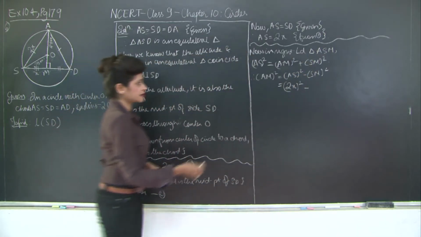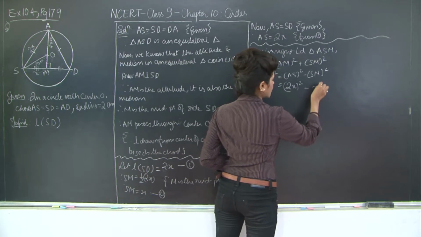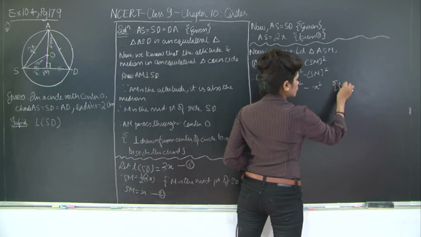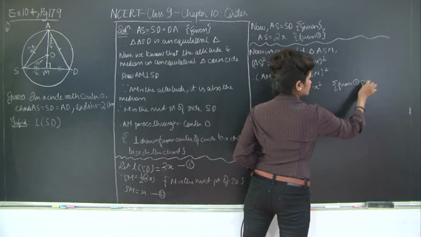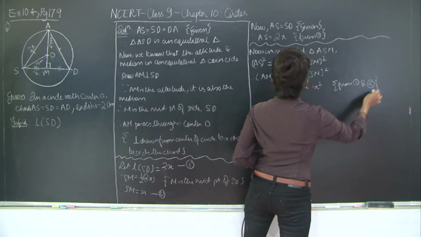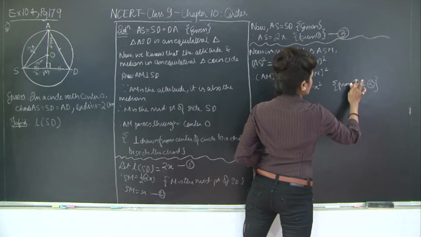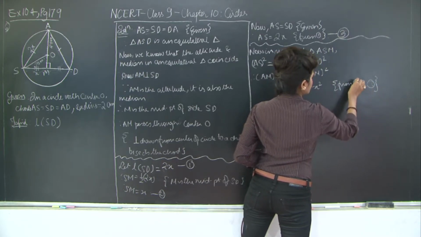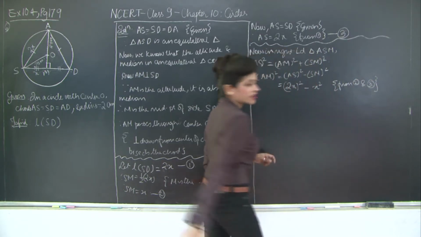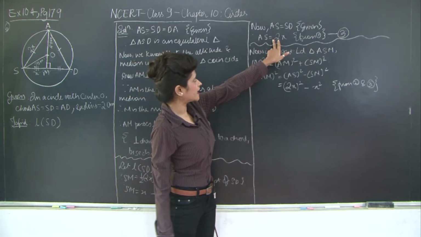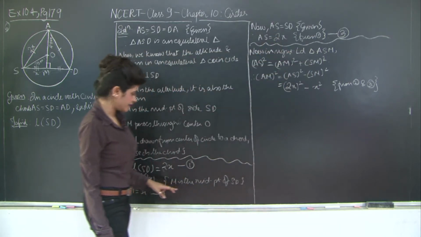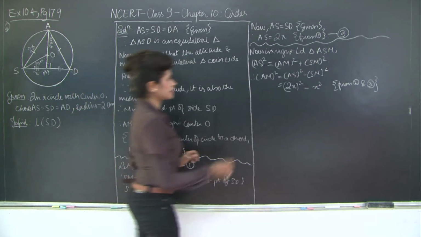SM is x, minus x square. So this will be from 1 and 2. Or rather, let's mark this as 3. So from 2 and 3. Correct? From 3 we have that AS is 2x and from 2 we have that SM is x.